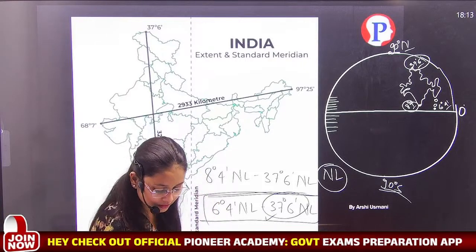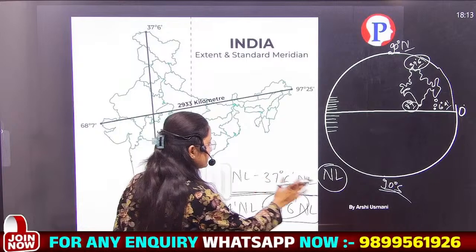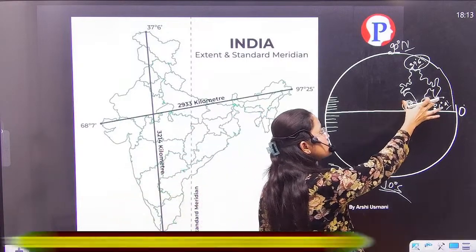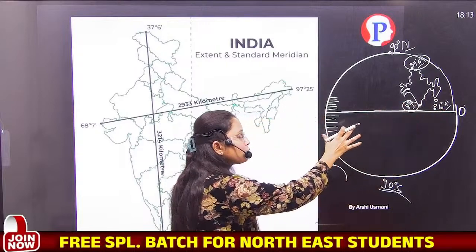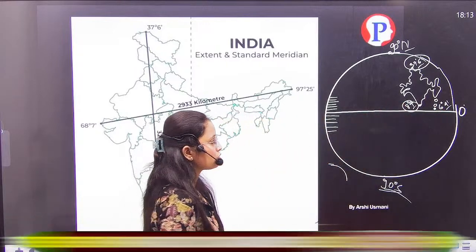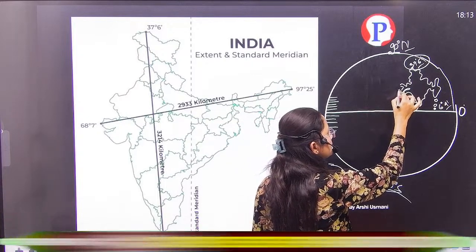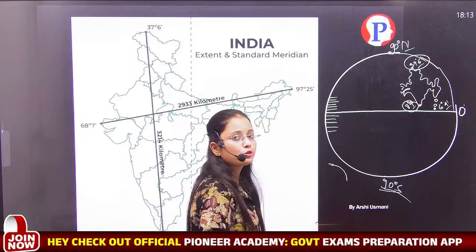Okay, so now we are going to discuss the longitudinal extension of India. This was the latitudinal extension of India. Now we are going to talk about the longitudinal extension of India. So this is the western point of India.